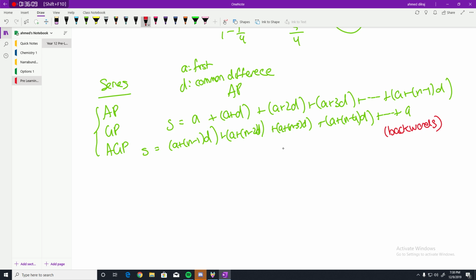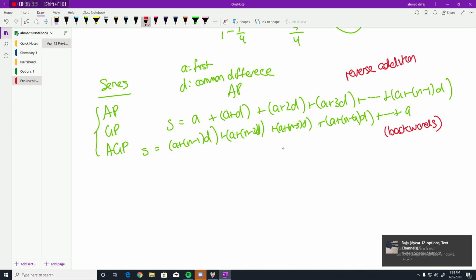Can anybody tell me what this technique is called? Just type it in the chat if you know. Ooh, okay. So nobody's heard of it. This is called reverse addition. And it's not his technique, it's some Indian tutor's technique online.